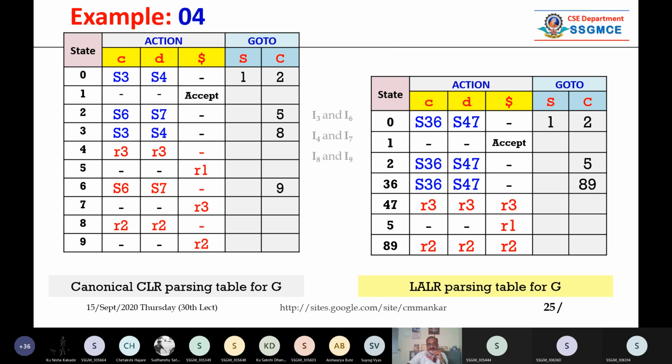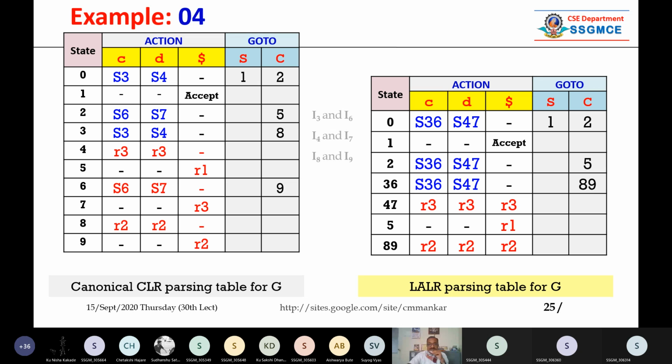Then if you refer to state number 36 in the LALR parser, there are two shifts, S36 and S47. Now you can tally it by referring to the CLR table.